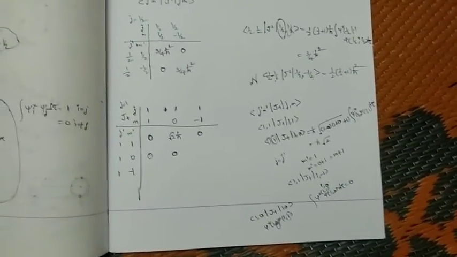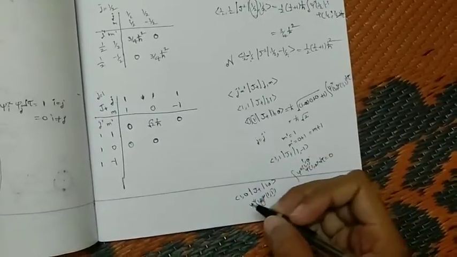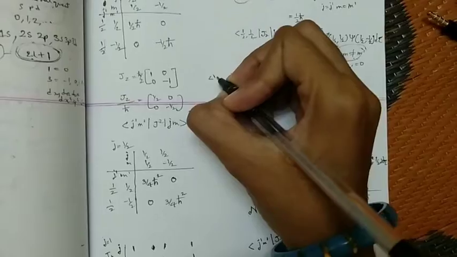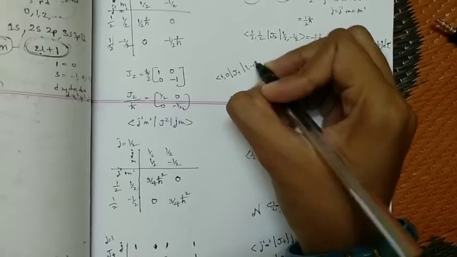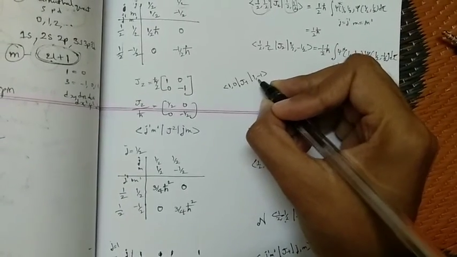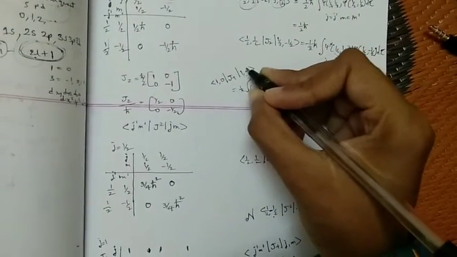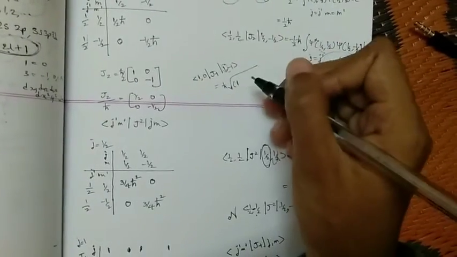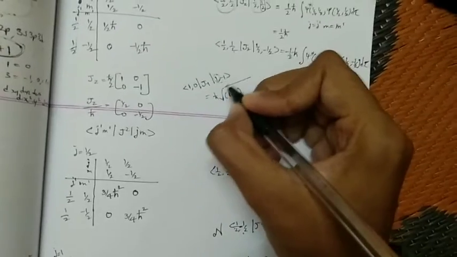Now considering the next element, (1,0) operating on J plus, (1,-1). It increases the value of m by 1, so here we would have (1,0) as usual, h cut into root of (j minus m) into (j plus m plus 1). Here j is 1 and m is minus 1.